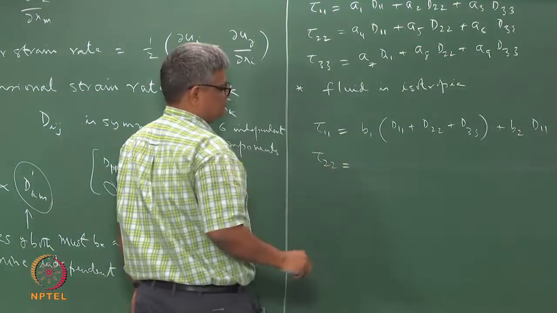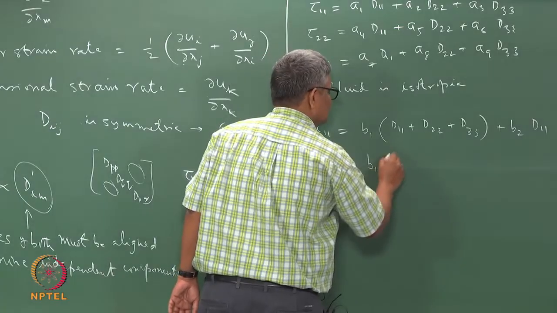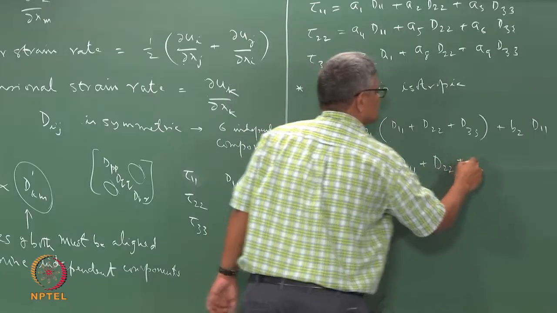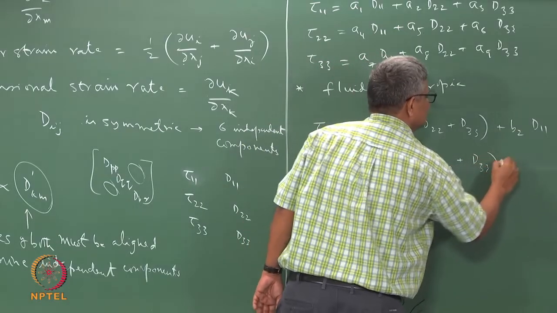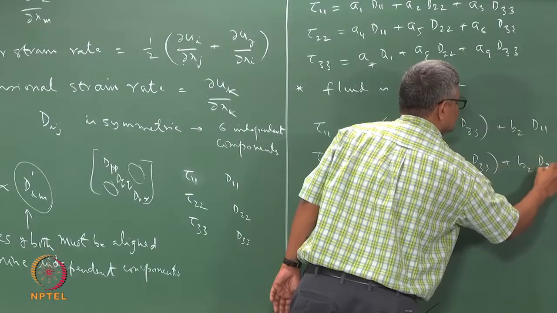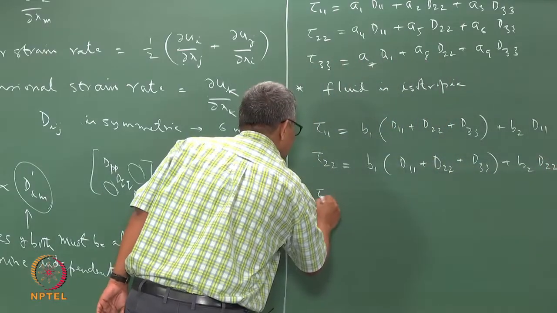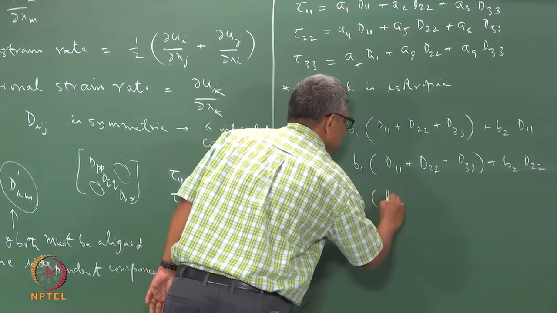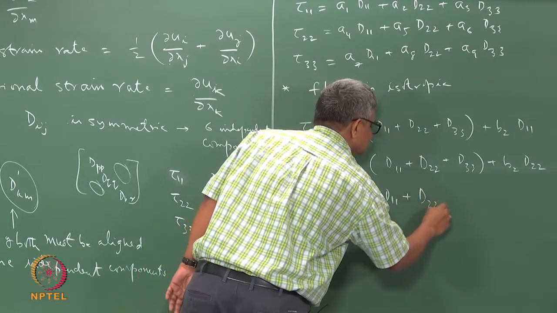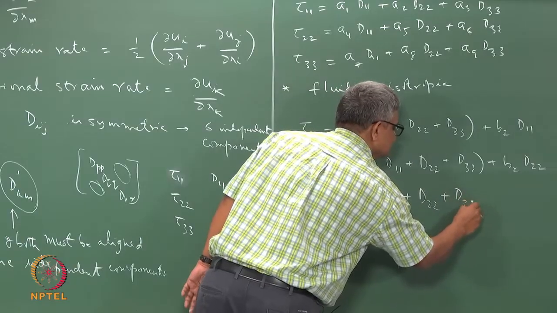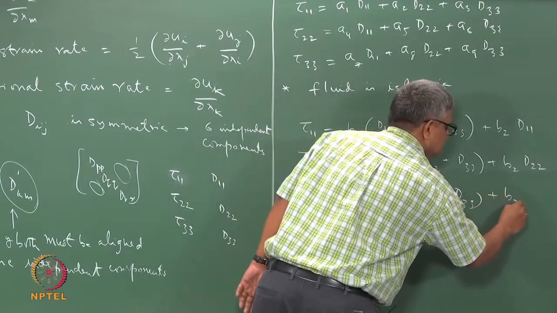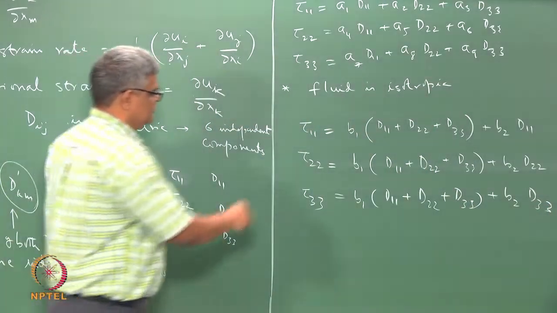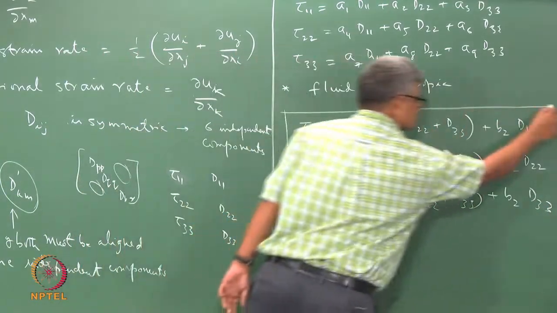Tau 22 is B1 times (D11 plus D22 plus D33) plus B2 times D22. Tau 33 is B1 times (D11 plus D22 plus D33) plus B2 times D33. Now, you look at this relation here.